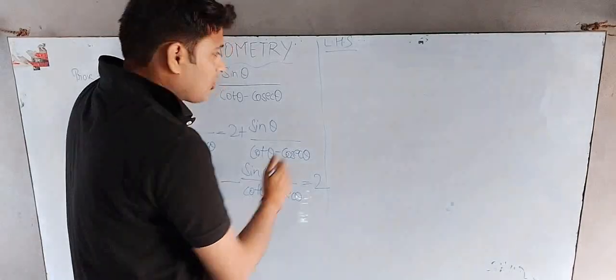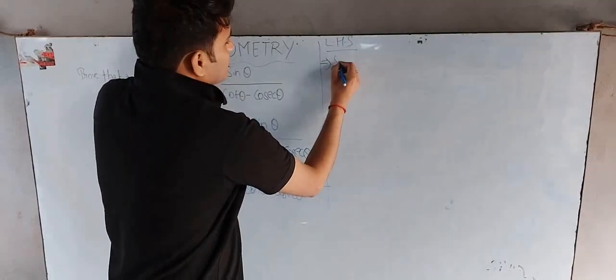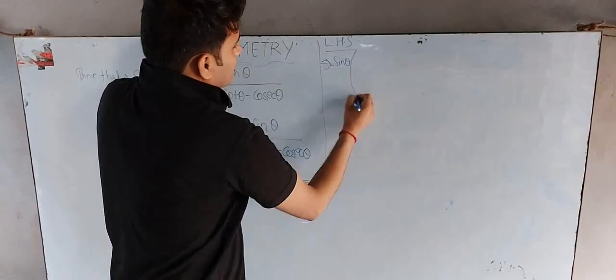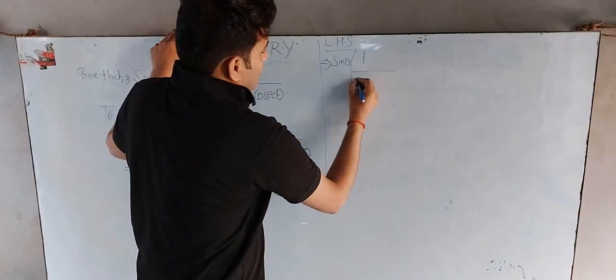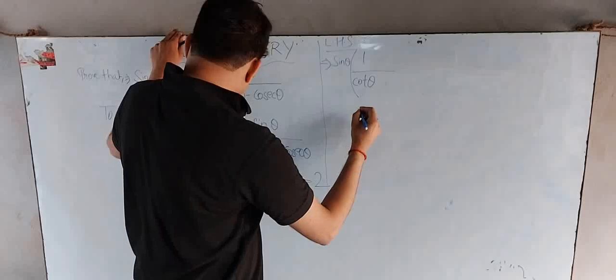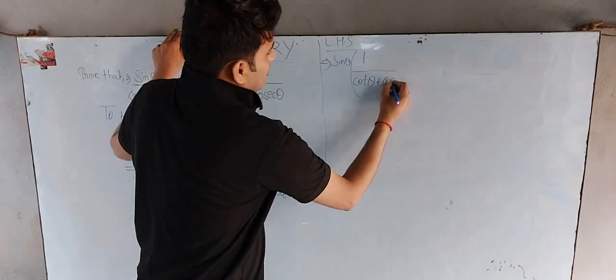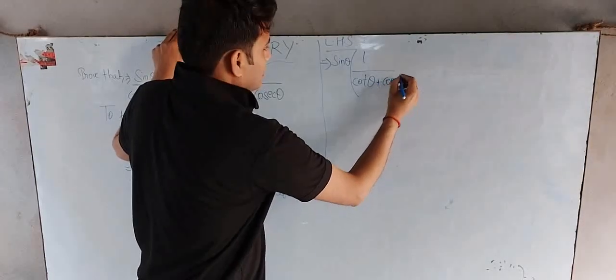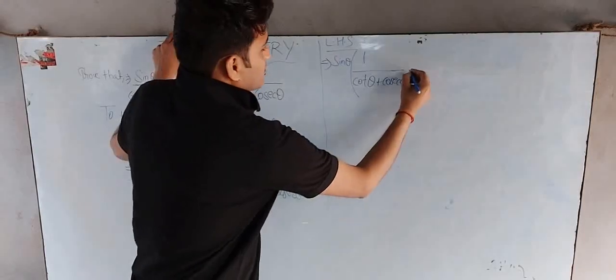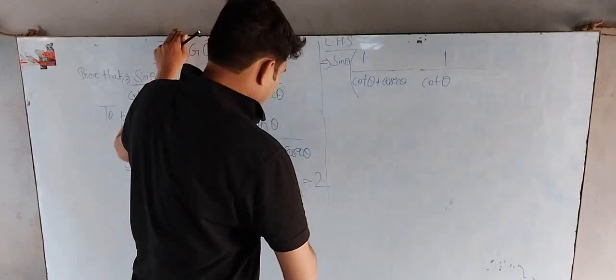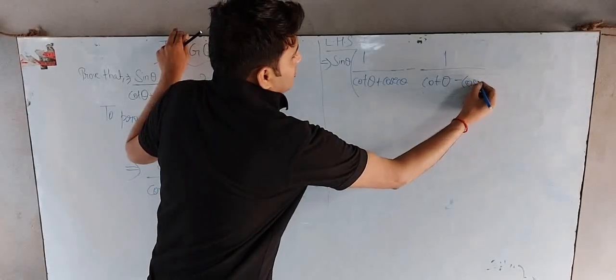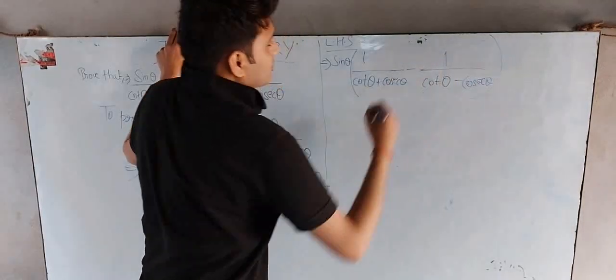On taking sin theta common, we will get sin theta times 1 upon cot theta plus cosec theta minus 1 upon cot theta minus cosec theta.